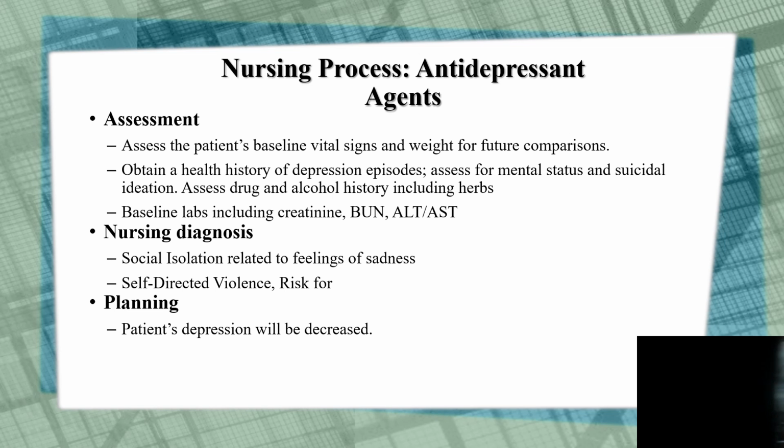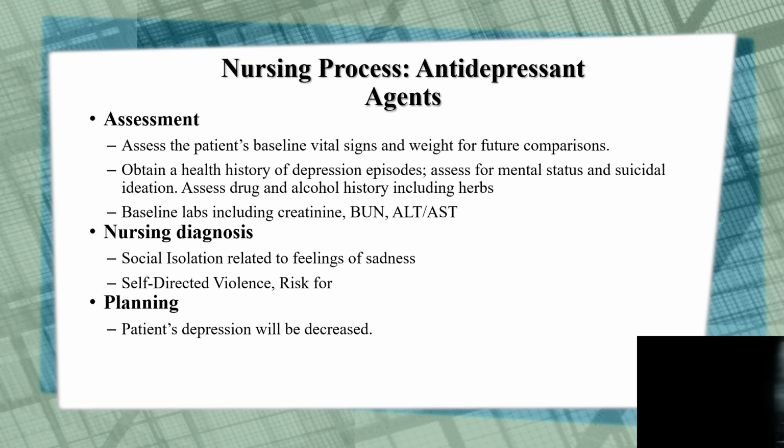You're going to assess their mental status, if they have any suicidal thoughts, if they're on any drugs, if they consume alcohol, and if they are taking any herb or herbal teas. You want to do baseline labs, and those labs will include creatinine, BUN, ALT, and AST. So you want to check the renal and liver function.